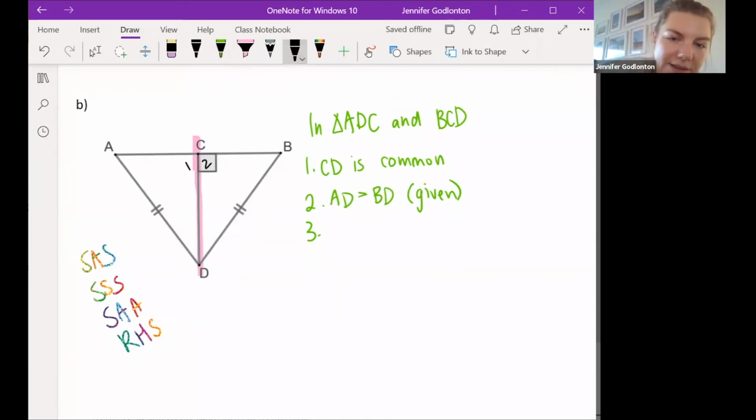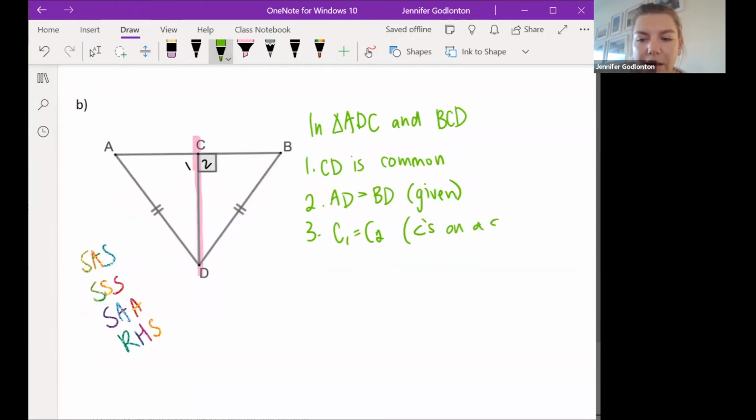I said C1 is equal to C2 because of adjacent supplementary angles, so angles on a straight line. Okay, therefore triangle ADC is equal to triangle BDC, and the reason is SAA.